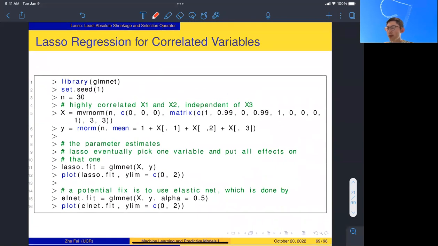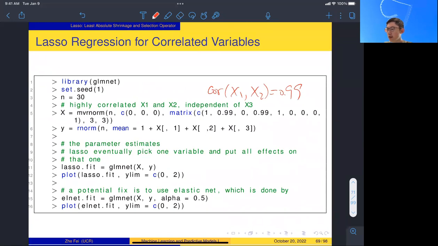If we install the package and then simulate some X values, once again here X1, X2 are highly correlated, and X3 is independent of them.